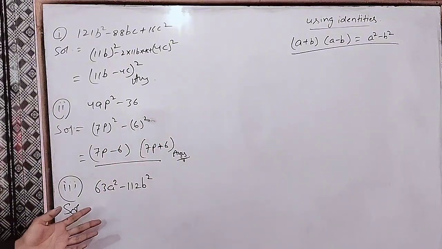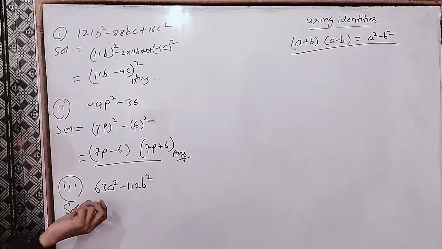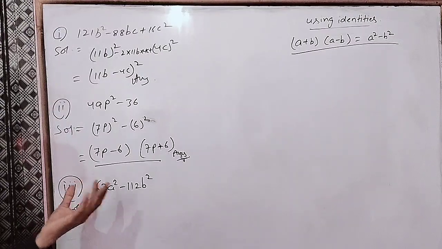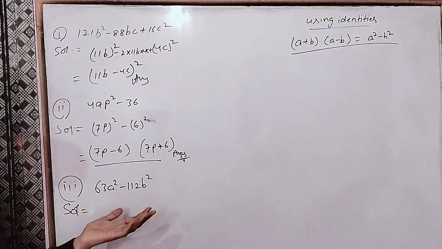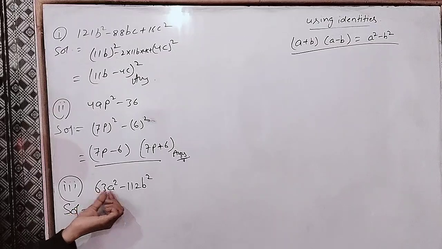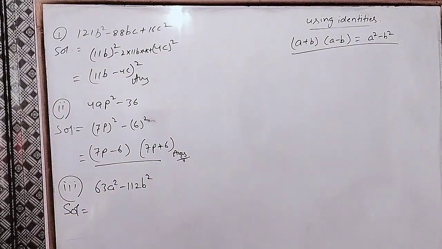So here, just look in which table the product would be 1 that can be multiplied. We will get this and this, in which the product we will get 63 and 112. What is that product?